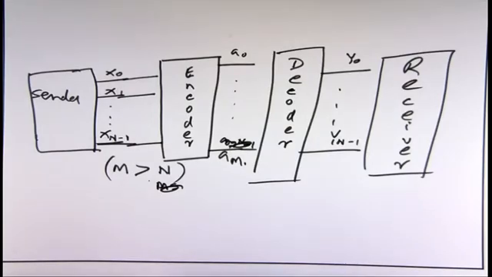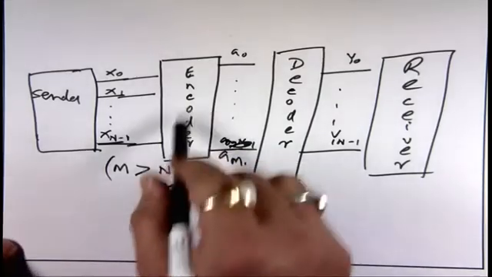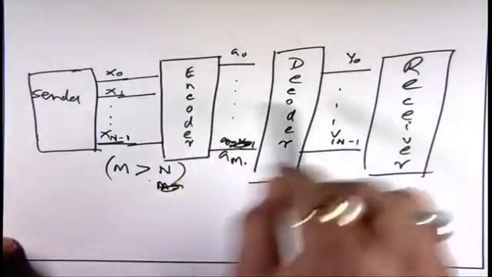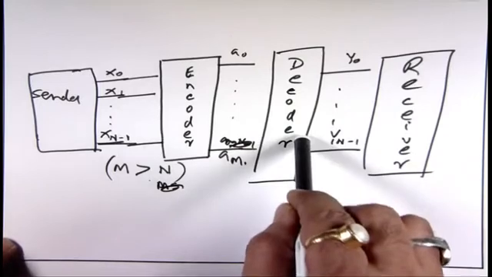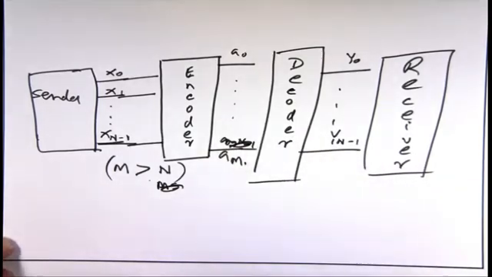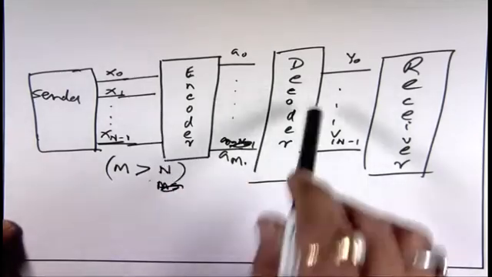Rather than that, if you go for 1-to-many mapping, then the encoder and decoder have to have memory. If you have 1-to-1 mapping, there is no need of introducing memory within the encoder and decoder. They can be memoryless. But for 1-to-many mapping, there is a need to introduce memory within the encoder and decoder.